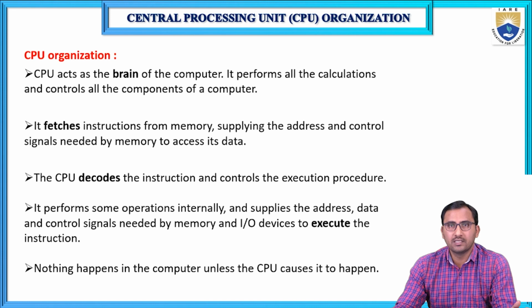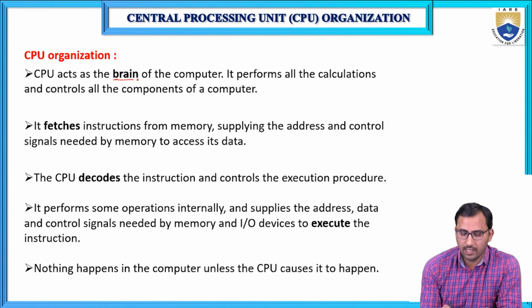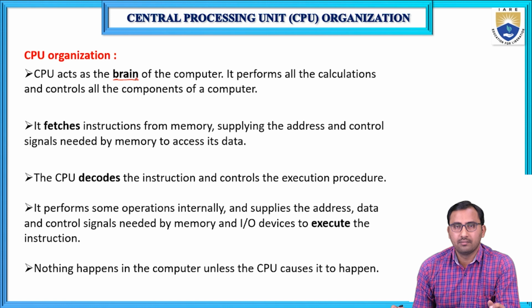A computer is an electronic device that can be programmed to accept input, process it, and then generate the results. The CPU acts as the brain of the computer, because without the CPU we cannot perform any operation.